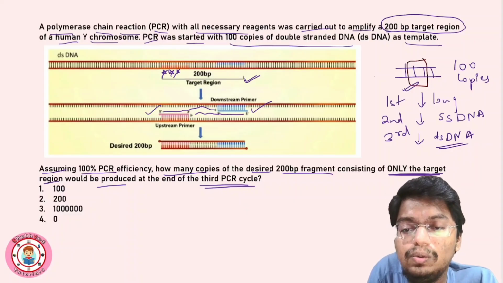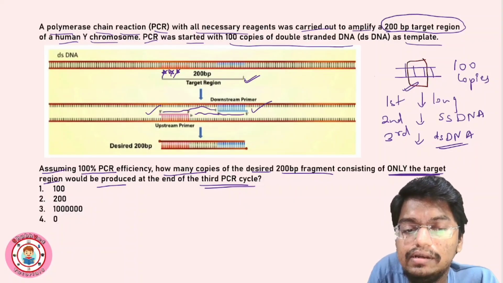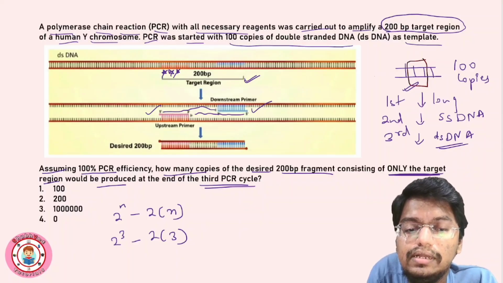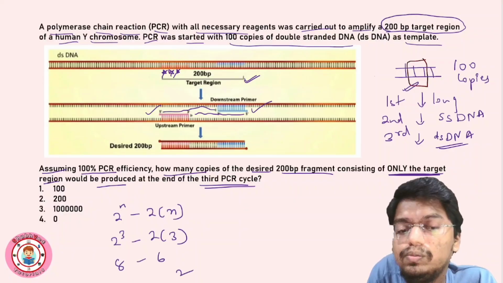Okay, now if I tell you by using a formula, there will be a formula here: 2^n minus 2n. Here n is 3, here also there will be 3. So here it will be 8, here it will be 6 and this will be 2. Okay, 2. So 2 DNA molecules are produced after the third cycle.